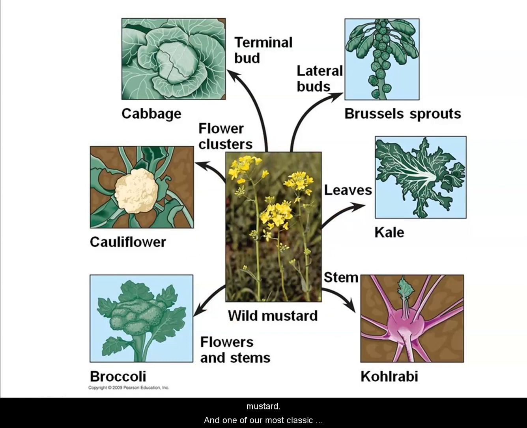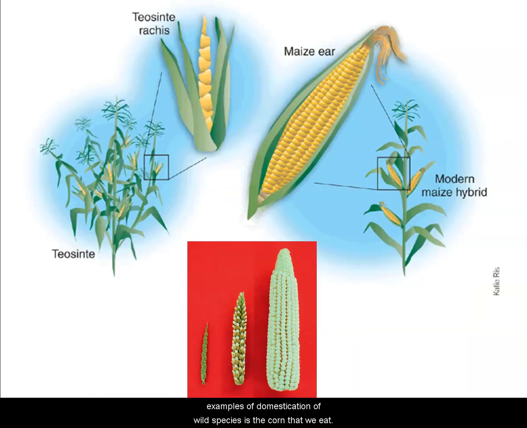And one of our most classic examples of domestication of wild species is the corn that we eat. This is teosinte, which is a Mexican grass. If you look at the seeds of teosinte here on the left in this red box, they're very small and very hard.